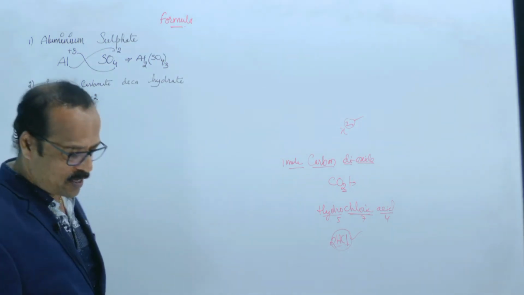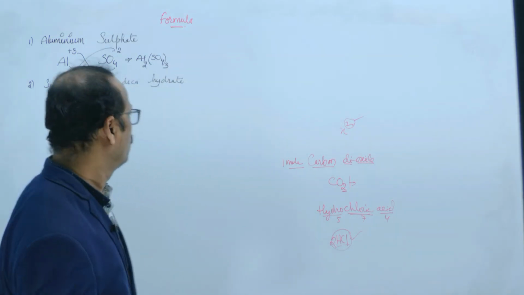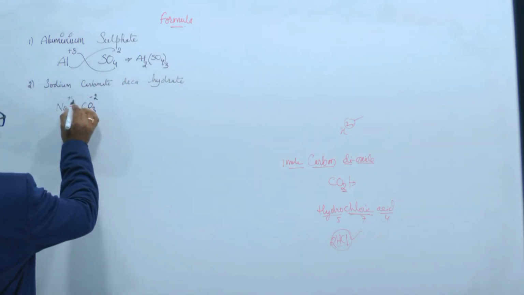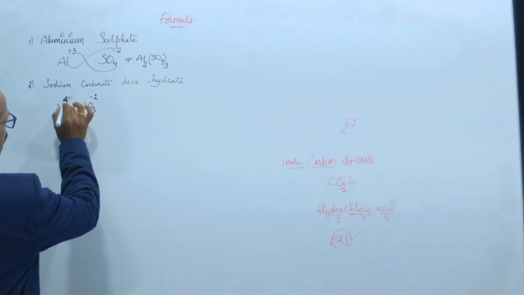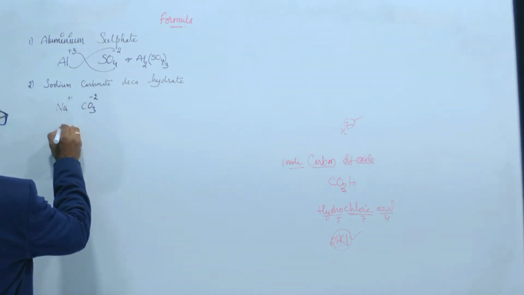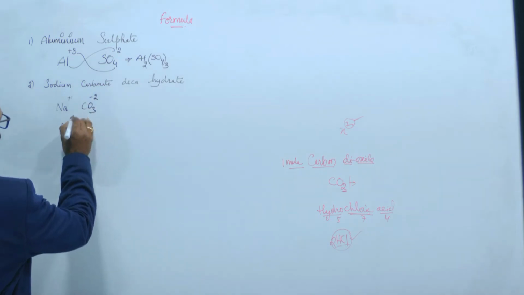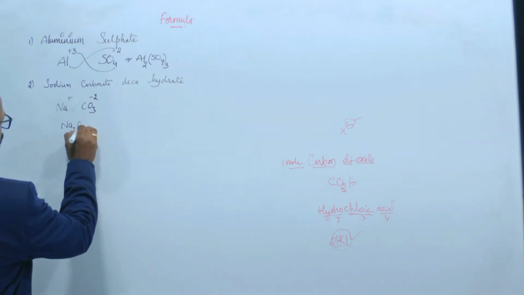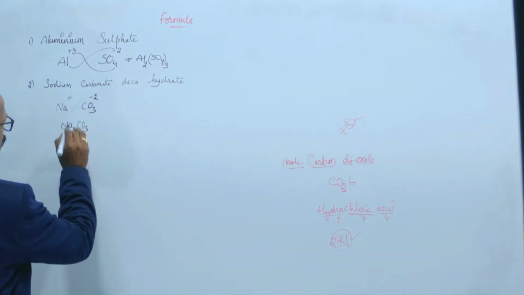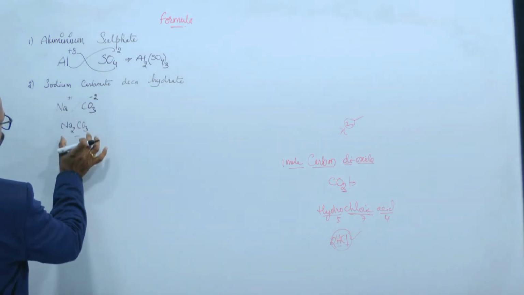Very good. So then neglect the charges. These 2 bring here, 1 take there. So this becomes Na2CO3. 1 you need not write. This is done. The sodium carbonate part is done.